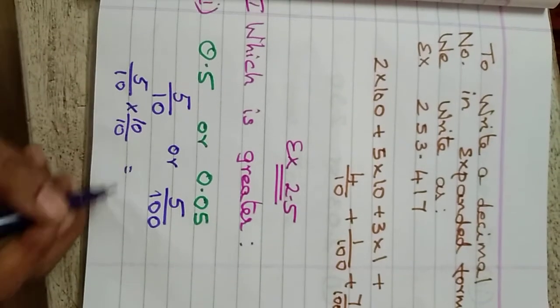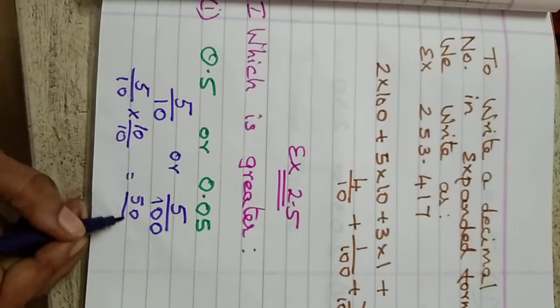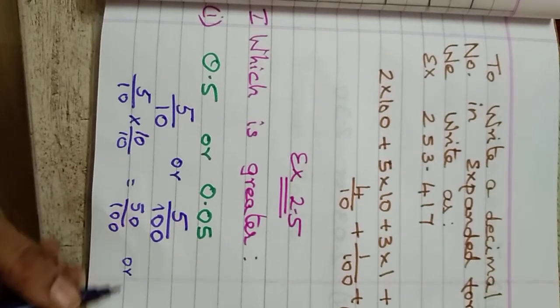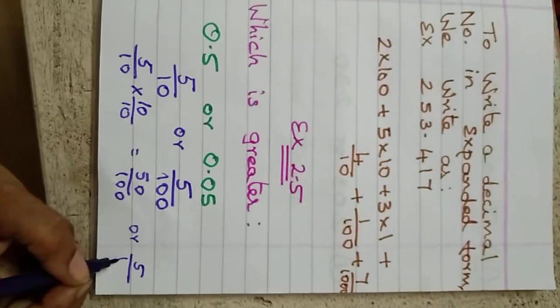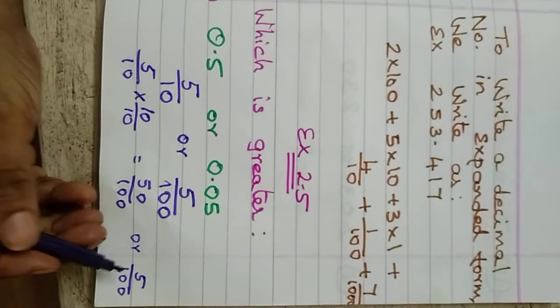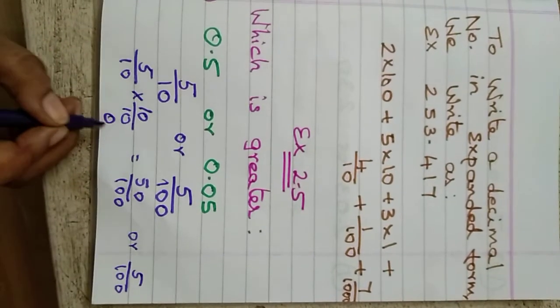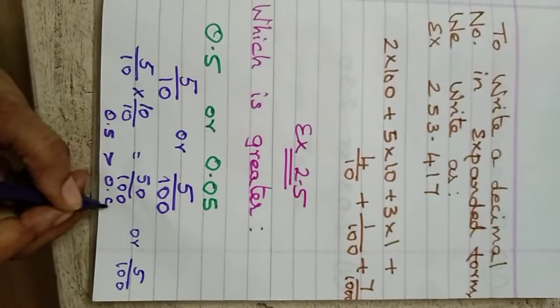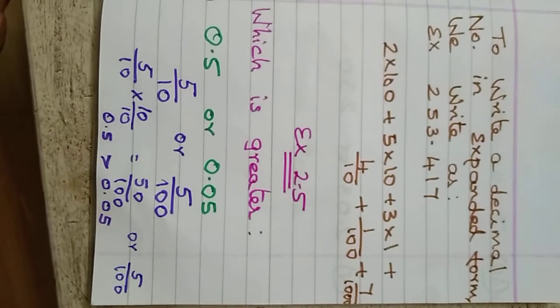So my number becomes 50 by 100. Now, can you tell me whether 50 by 100 or 5 by 100 is greater? You need not see the denominator now, so you can compare the numerator. So 50 is greater. So 0.5 is greater than 0.05. Clear, children?